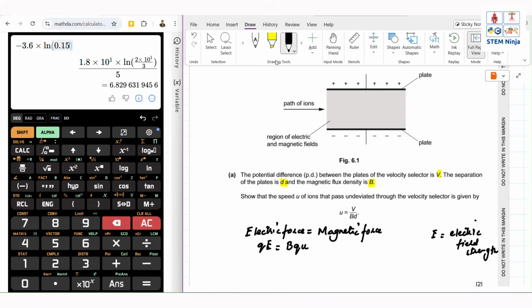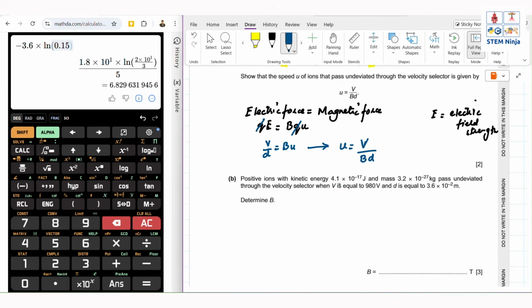So Q and Q get cancelled, leaving us with just E, which is equal to V over D, equals BU, which can now be rearranged as U equals V over BD. That's all we actually need to show.